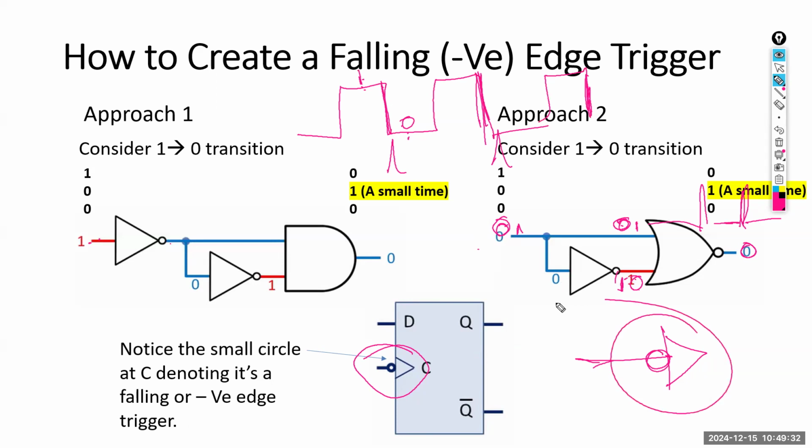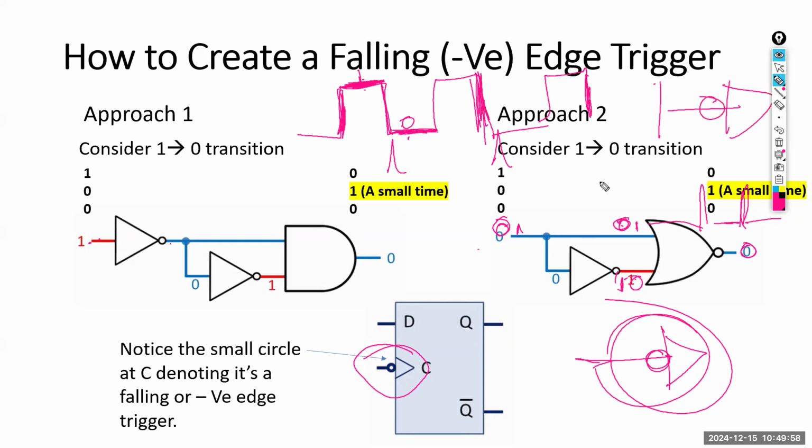This symbol says so. Now you have four symbols: high level, low level, rising edge, falling edge. Rising edge is something like this.